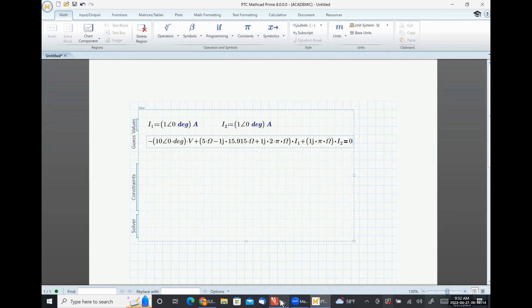So does that look correct for my first equation? Did I mess any numbers up or anything? All right.